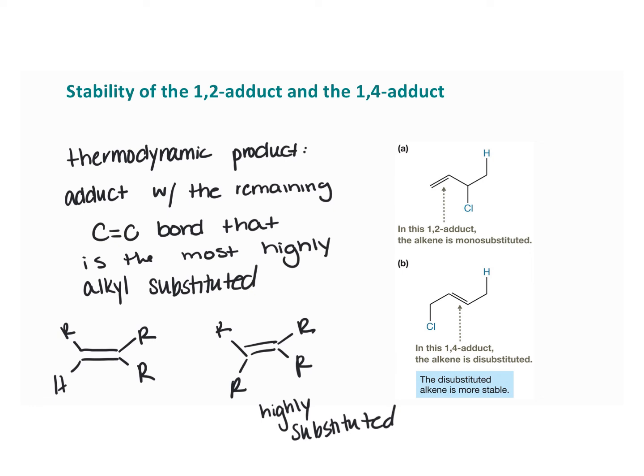So if we look over here, this is the 1,2 adduct, right? It's added here, but we come here and we look at this double bond. And on this double bond right here, there is only 1 R group. So it's like saying, hey, look, there's the R group, and they're hydrogens. So we only have 1 R group stabilizing that. When we come and look at the 1,4 adduct, right, there are 2 R groups.